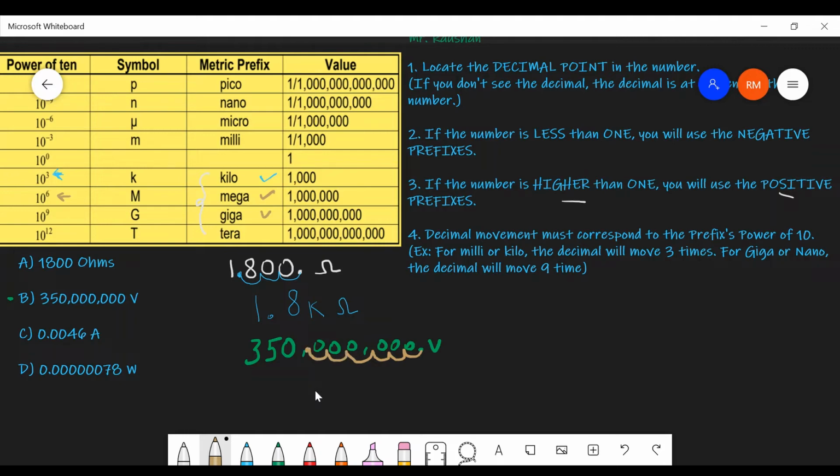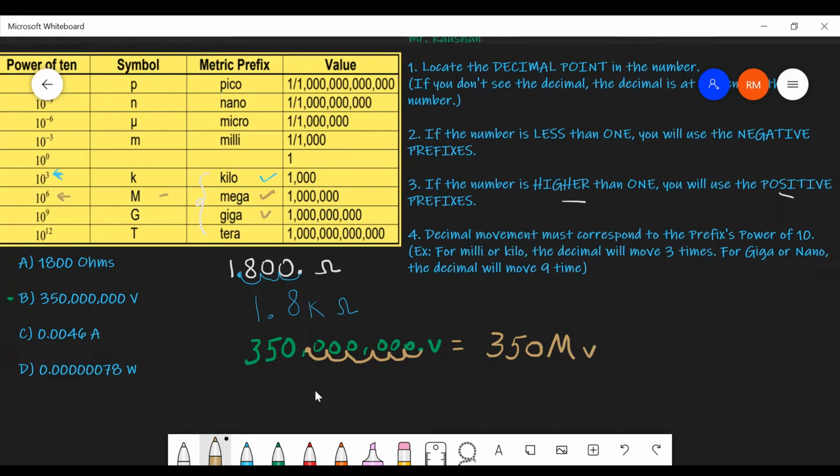We stop here. My answer is 350, and then we substitute all these zeros with the metric prefix, which is mega. So it's going to be 350 megavolts.